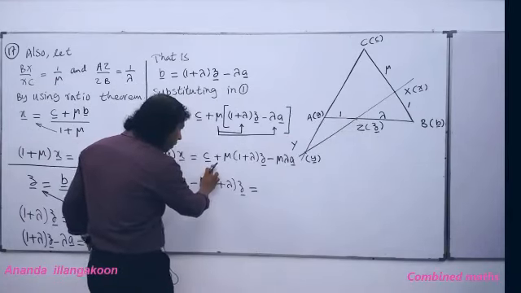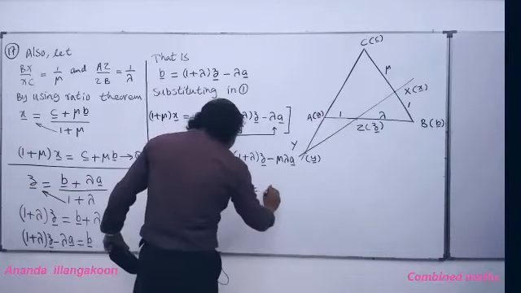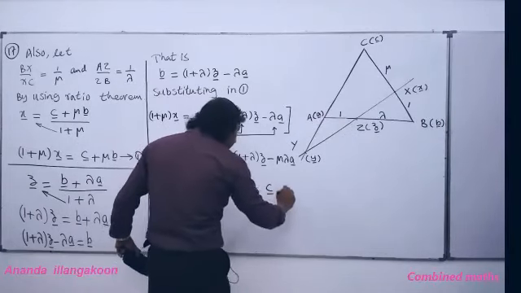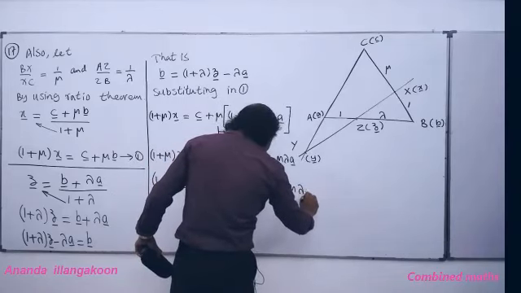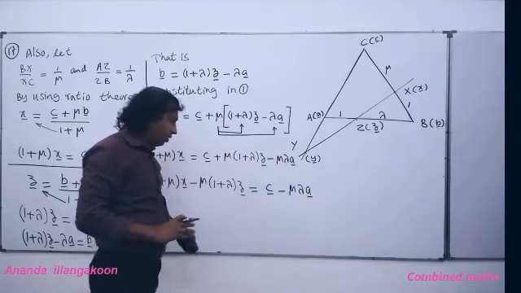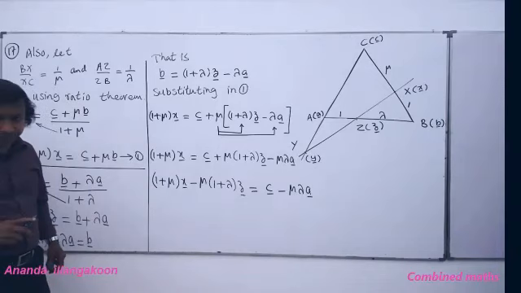C, and what is A? Yeah. C vector minus mu lambda A. This is what we get. Okay? Right.